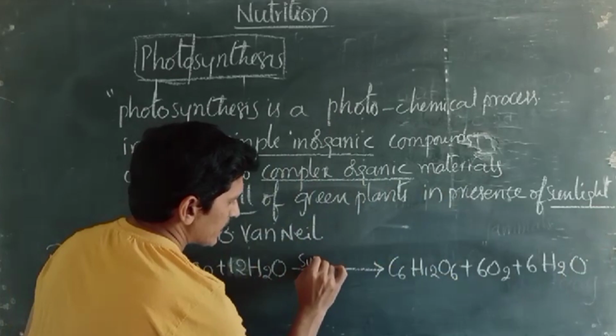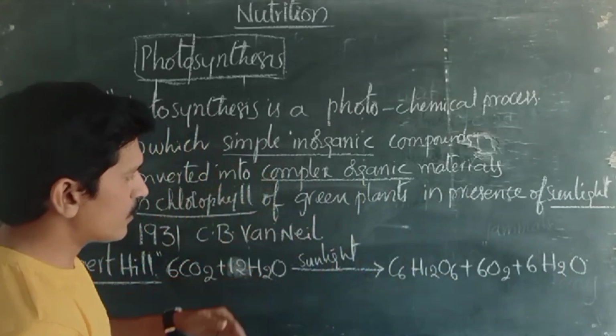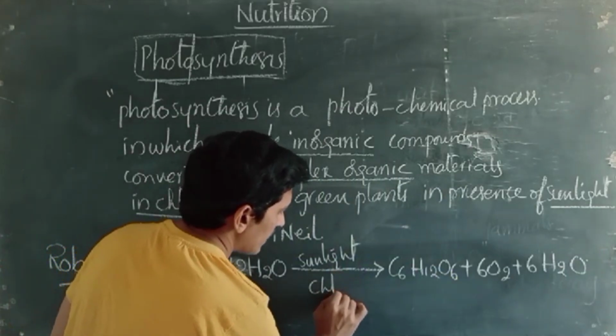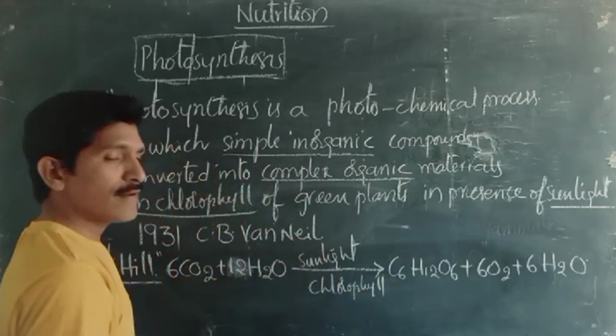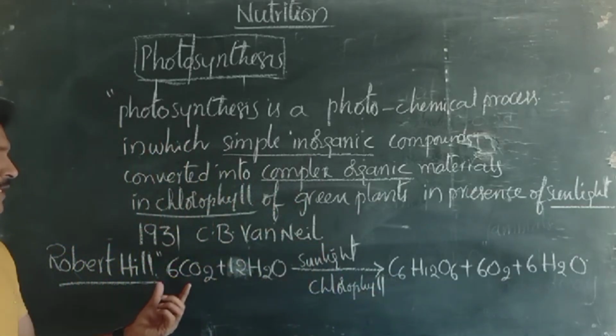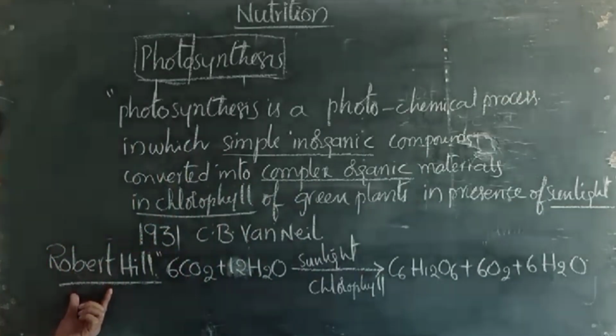The external factor sunlight comes over the arrow, and chlorophyll is an internal factor, so we write it below the arrow. Right? This is the complete formula given by Robert Hill.